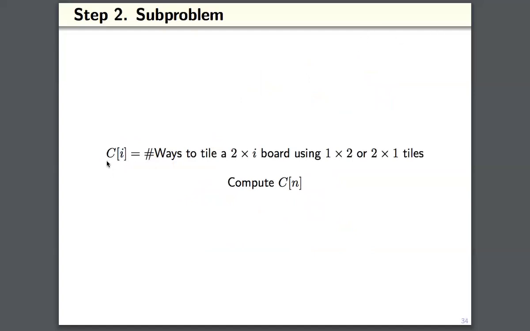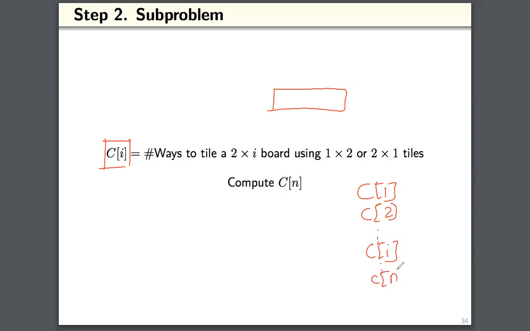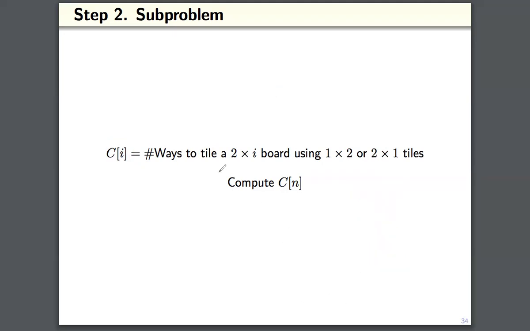So let's define the subproblem C of I as the number of ways to tile a 2 cross I board. That means we will compute C of 1, C of 2, C of 3, and so on up till C of n, to tile a 2 cross I board using 1 cross 2 or 2 cross 1 tiles.